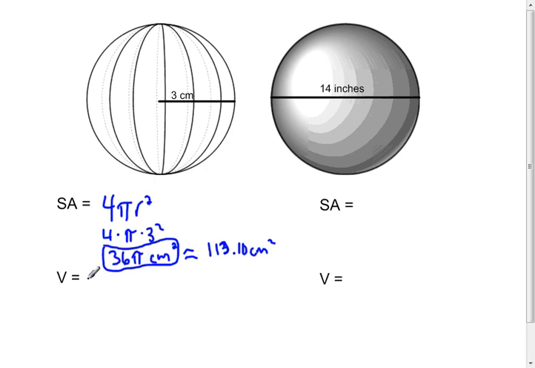Okay, the volume is 4/3 times pi times the radius cubed. So the radius is still 3. We're going to go 4/3 times pi times 3 cubed. Okay, 3 cubed is 27, and then we'll do 27 times 4/3.